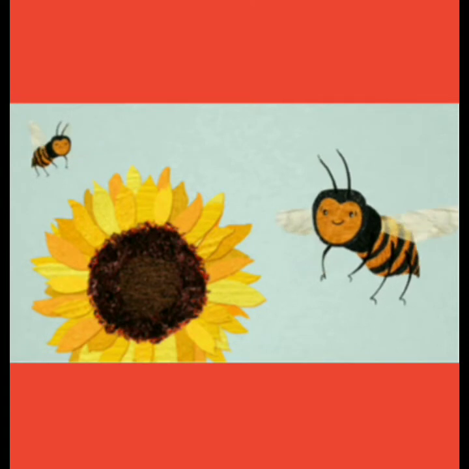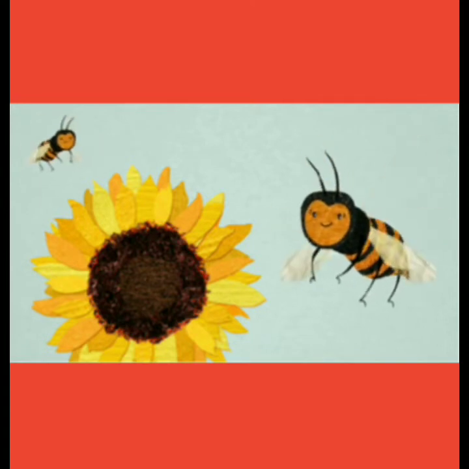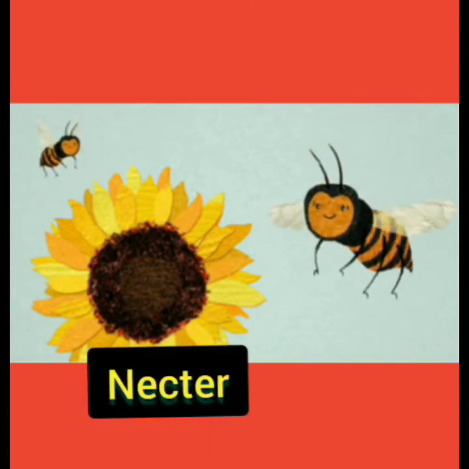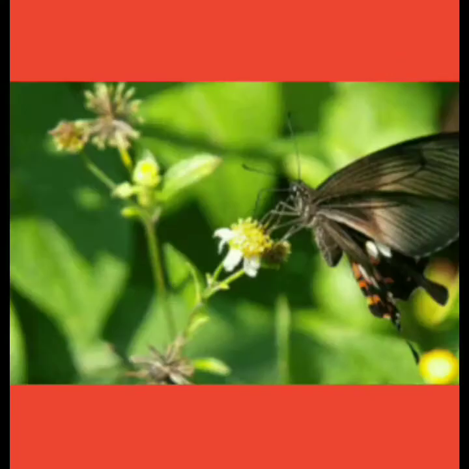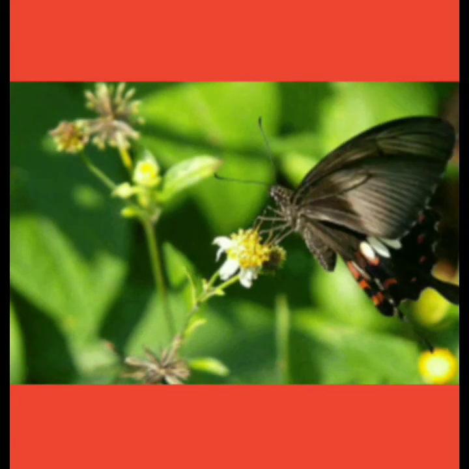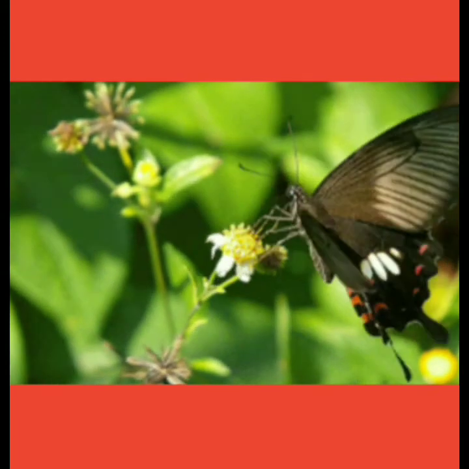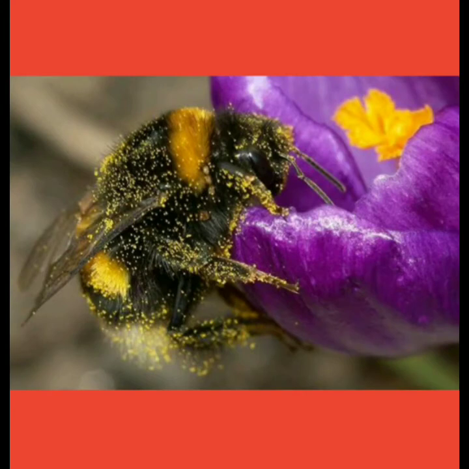As we know, insects feed on the nectar of flowers. This sweet substance called nectar is released by the stigma of a flower. When an insect sits on the flower to suck up nectar, the pollens from the anther get stuck to its body.